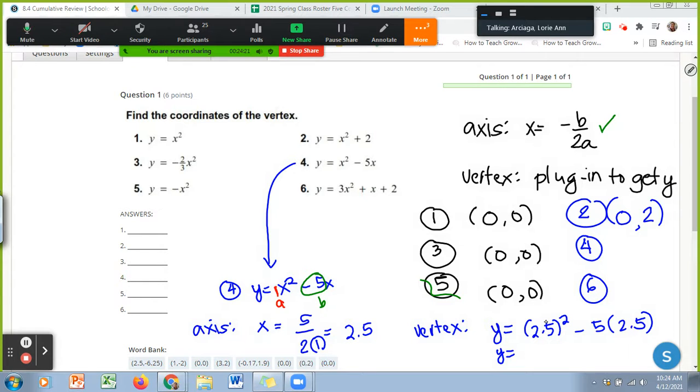What is it? That's not 5. It's not 2.5 times 2. That's different. It's 2.5 times 2.5 because it's 2.5 squared. How much is it?